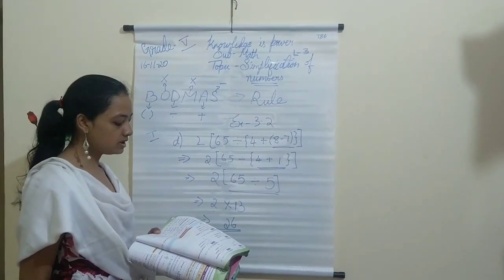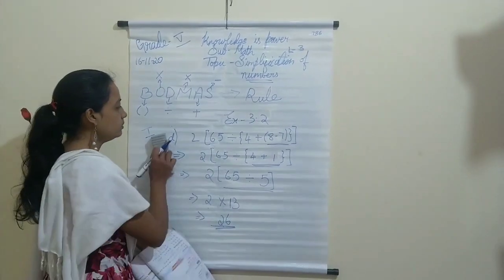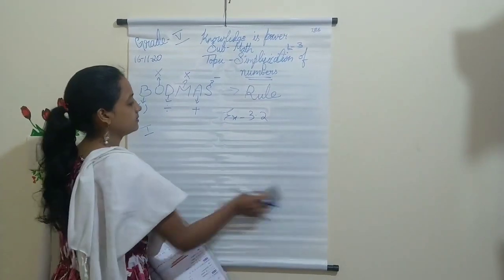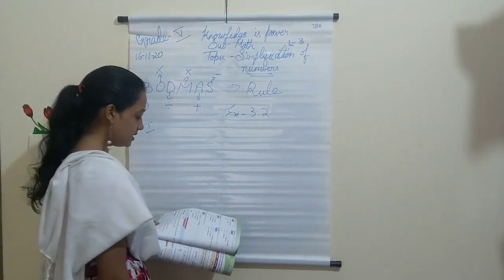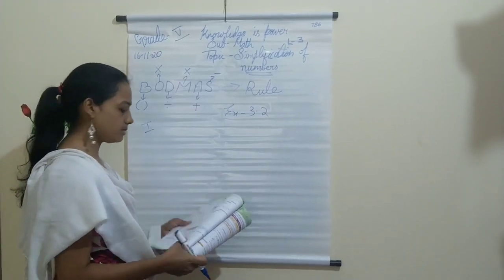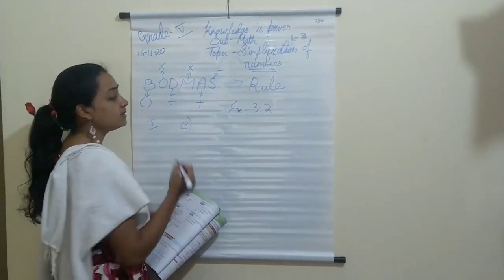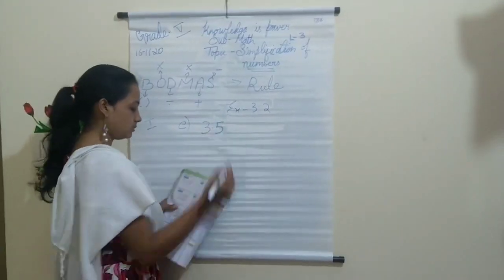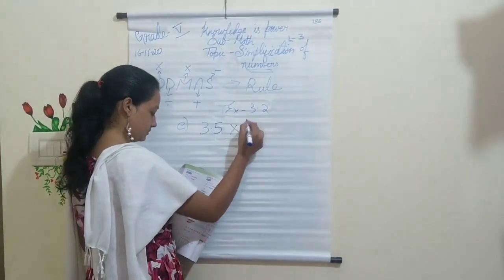So I will be solving only 2 or 3 sums for you. So I think let me solve one more sum in the first main, because the second main I know you already have done it.